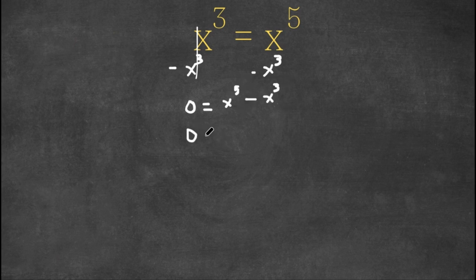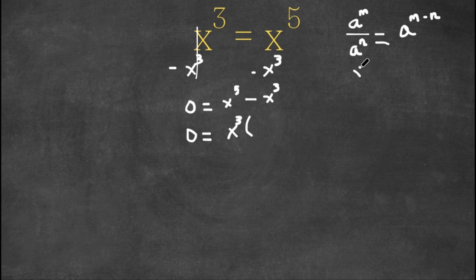So we have 0 equals x to the power of 3 times, well, what's x to the power of 5 divided by x to the power of 3? Well, an important property of exponents is that you have a to the power of m over a to the power of n. This is equal to a to the power of m minus n.